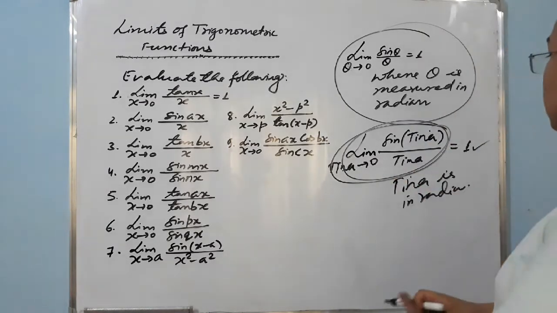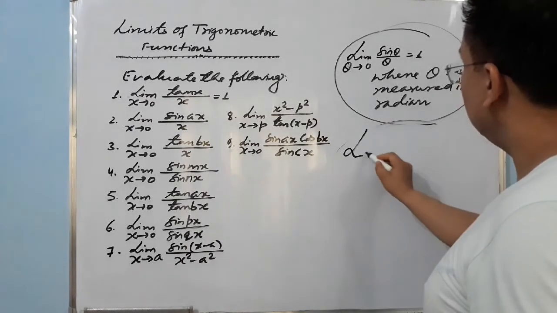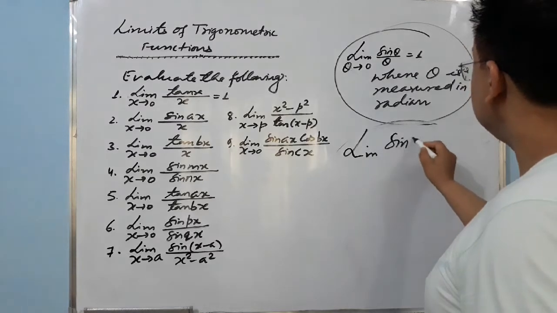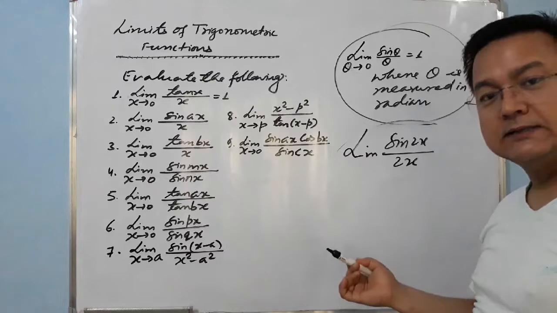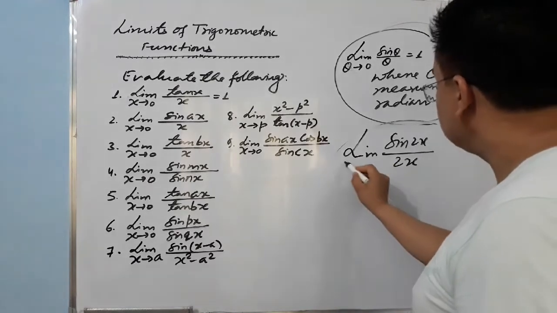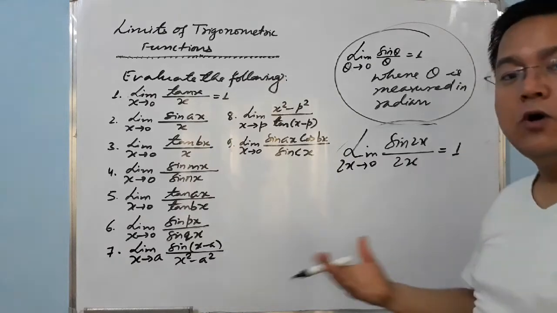Now let me tell you in algebraic language. Limit of sine 2x over 2x, then we need 2x here also, and we also need 2x tends to 0. We can say that it is equal to 1.